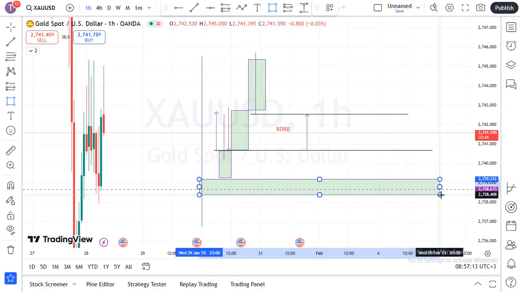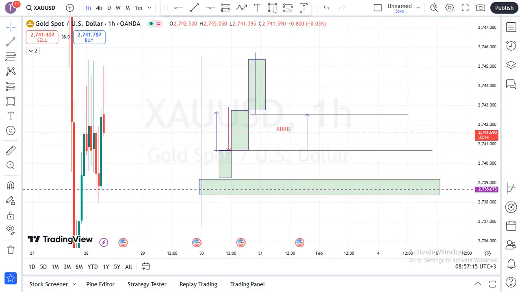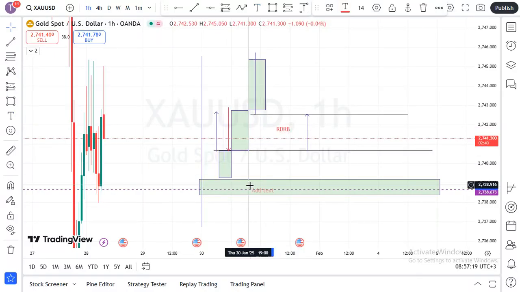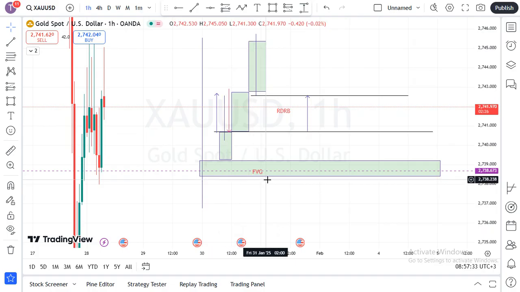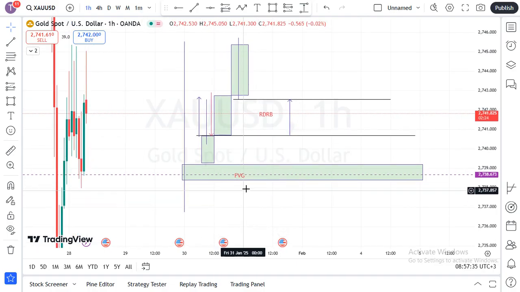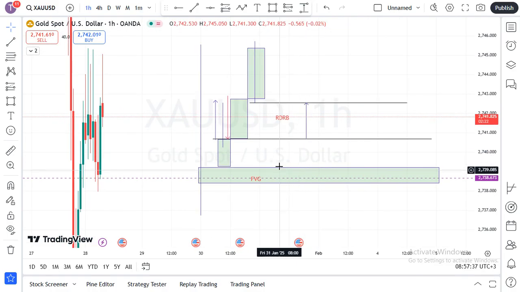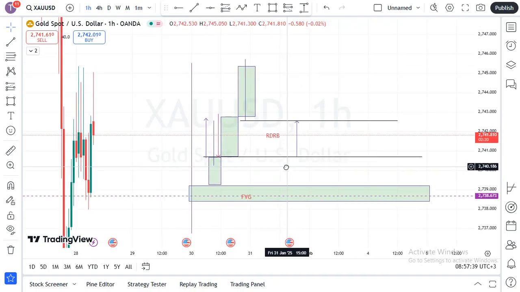Assume we're having a fair value gap. This is the FVG. So assume that we have a fair value gap here, and this was a bullish fair value gap.